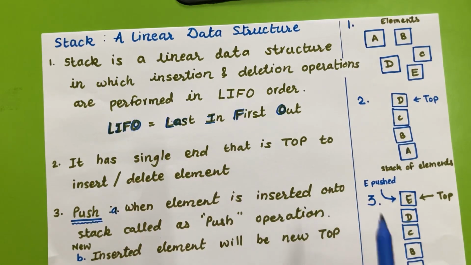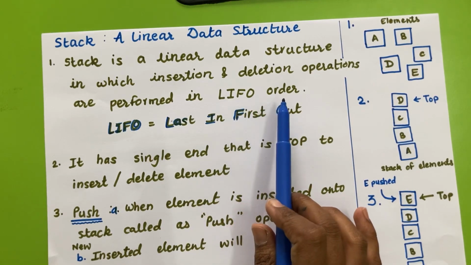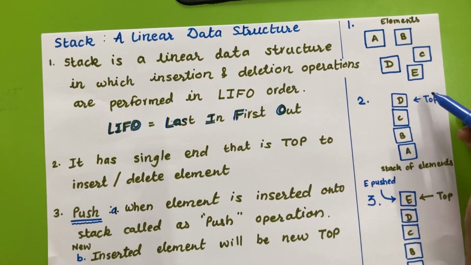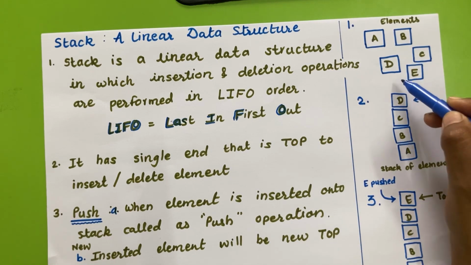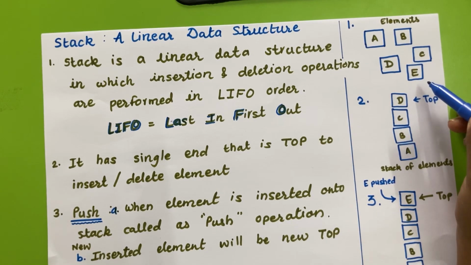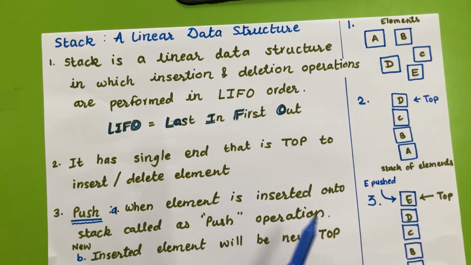Stack is a linear data structure in which insertion and deletion operations are performed in LIFO order, meaning last in first out. Like we have already explained, the last inserted element will be the first element that gets deleted. That is nothing but last in first out order.